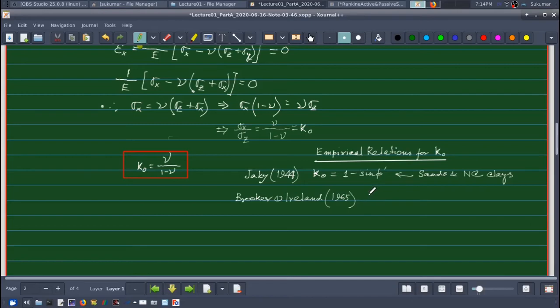They gave K0 equal to 0.95 minus sine phi.